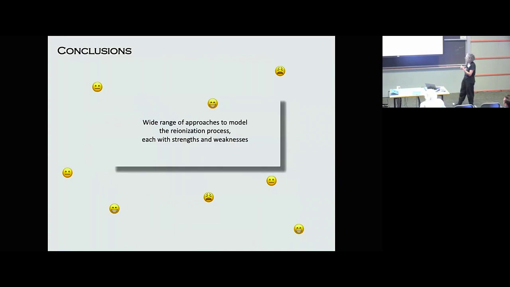Okay, so I'm coming to my conclusions. First of all, I would like to mention the approaches that have emerged in the past few years based on machine learning, which I didn't mention at all because Christopher mentioned them, to artificially increase the resolution of simulations.